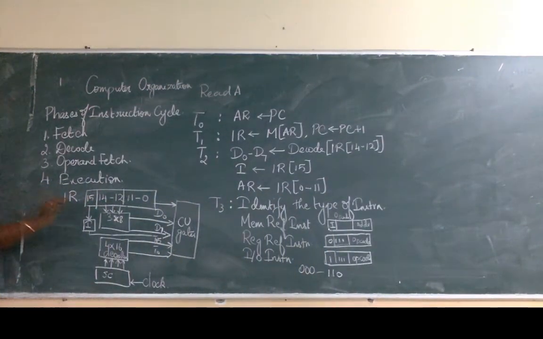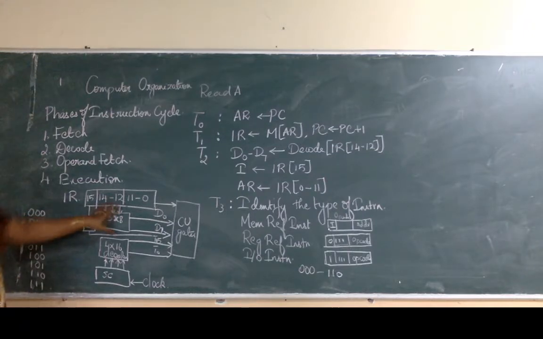Now, the possible values of the 3 bits are 000, 001, 010, 011, 100, 101, 110 and 111. These are the possible options for the bits 14 to 12.